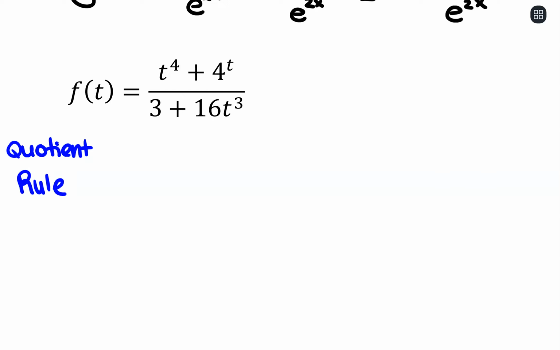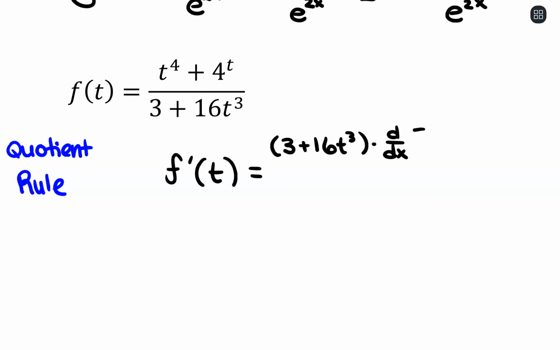So with the quotient rule, we're going to start with low d high. So low, the denominator, 3 plus 16t cubed, times the derivative of the numerator, which is t to the 4th plus 4 to the t.